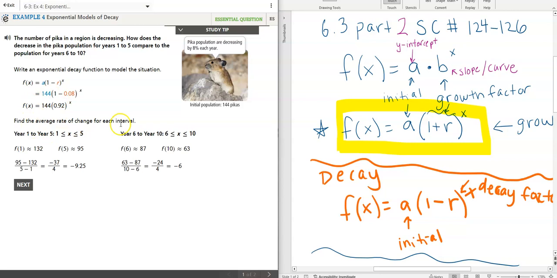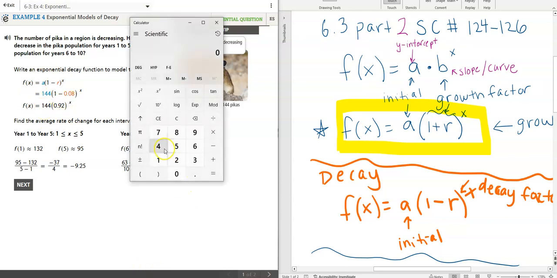But now we have to figure out the difference between these intervals. Because they're going from 1 to 5, we're going to make x 1 and make x 5 to find the minimum and the maximum for this interval. All they did was replace x with 1 in the equation, so they're making x 1 right here.